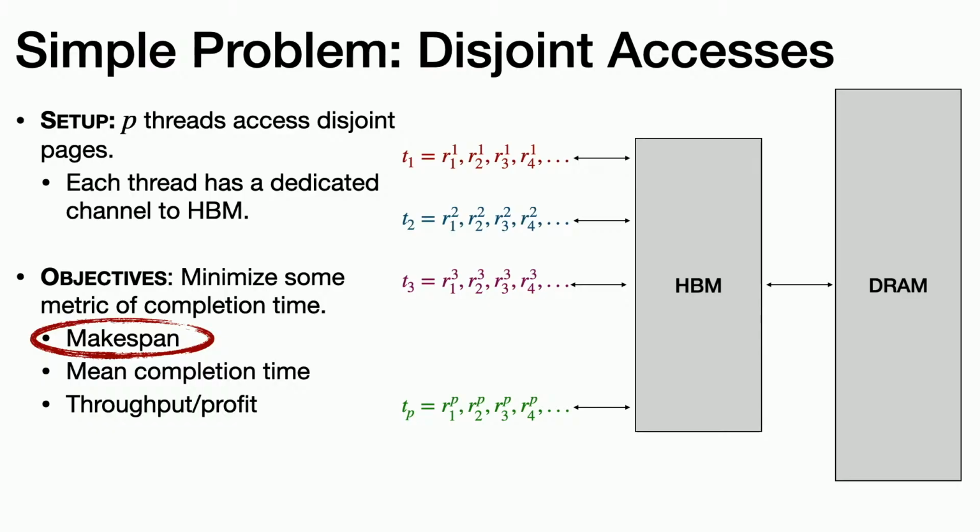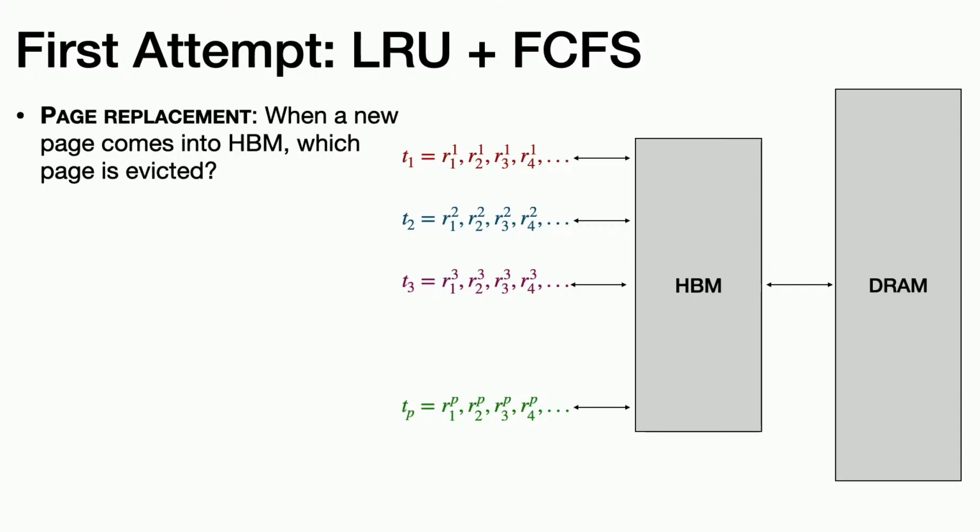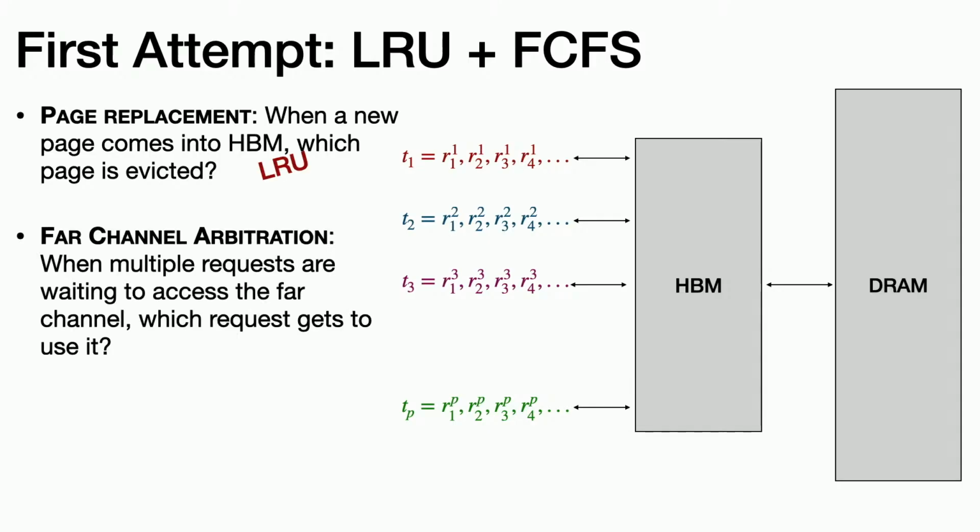Now let's try to design a policy. We want to design a page replacement policy, and we know for caches, LRU is good, so let's just use LRU. And what about the far channel arbitration? If multiple requests are waiting on this channel, everybody requests a page, and none of the pages are in the HBM, what do you do?